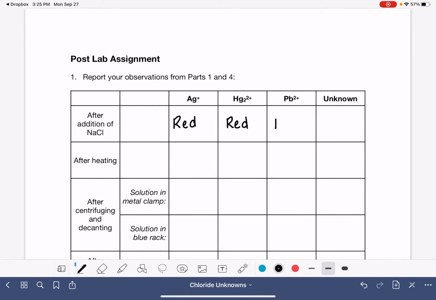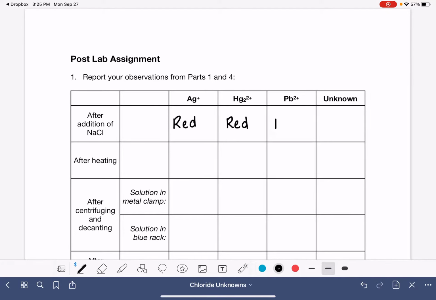Let's consider a different possible set of data. Let's say that for the addition of NaCl, with the silver and the mercury, you get red, and with the lead, the solution is colorless. So then let's say for your unknown, you get a red solution as well. So if this was the case, maybe you would be tempted to say, oh, okay, well, I know for sure that I don't have lead because lead with NaCl is colorless.